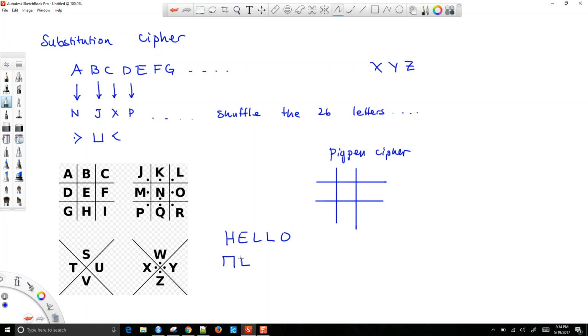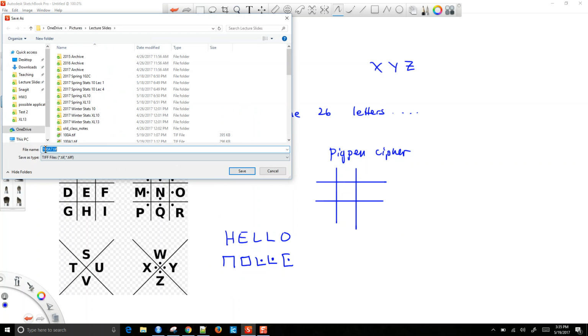The E is the box. The L is this, and then the O is this. That's the Pigpen cipher, and when you see this, it looks very cryptic, but it's just a simple substitution cipher. Basically you're just putting in letters for each thing here. So this is a simple substitution cipher, just each letter.